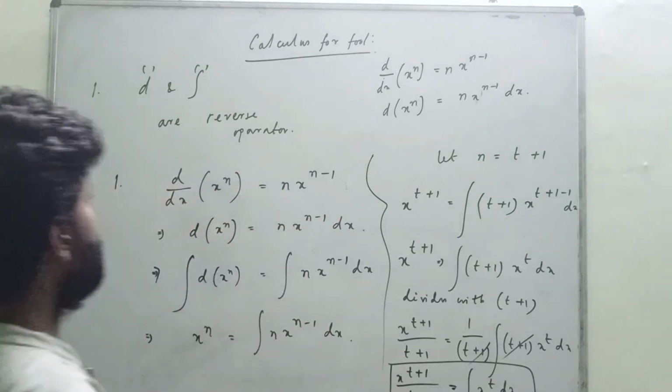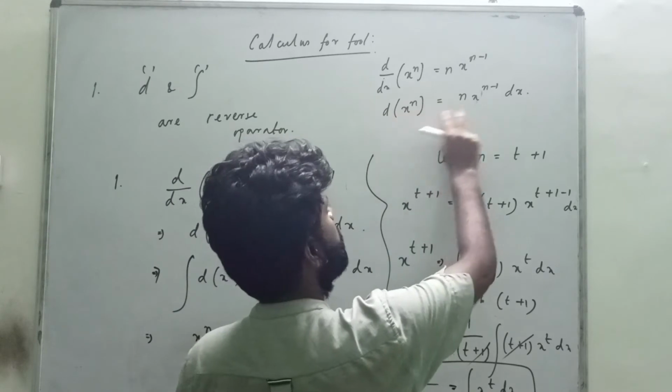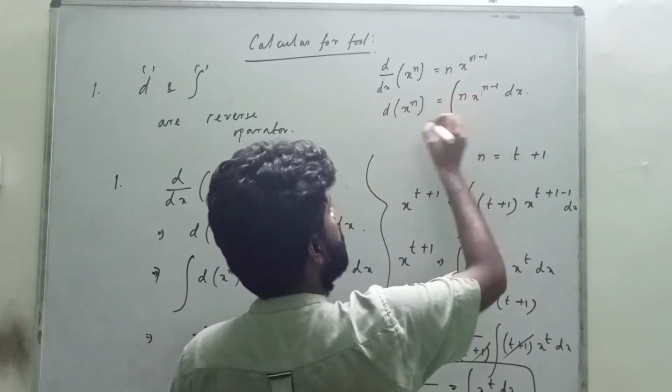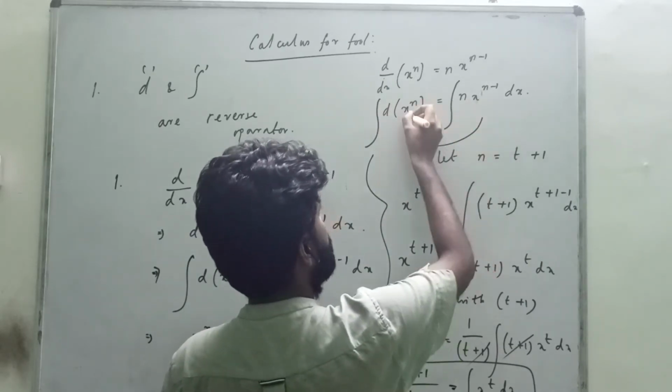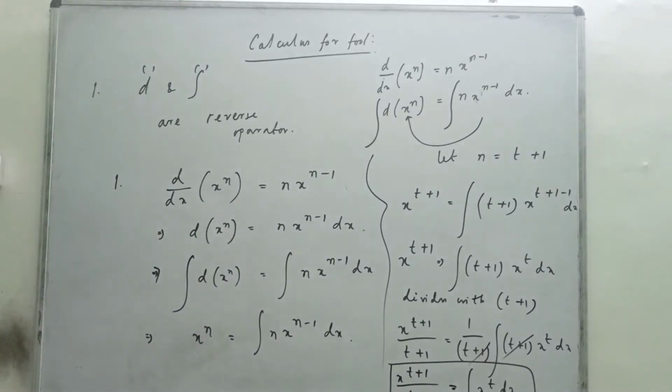And the reverse operation says that if d of x^n is this thing, then obviously the integral of this thing will be x^n. Just a reverse operation, right?